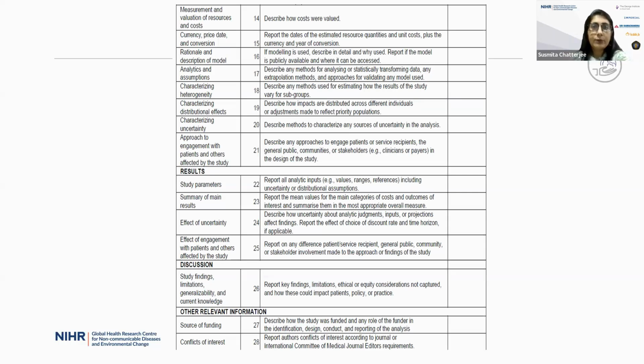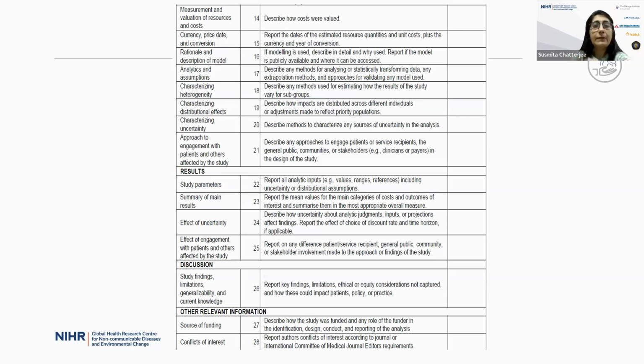Do another analysis, which is called the sensitivity analysis. You can do one way, or univariate, or multivariate, but that's a different story. What I'm trying to say is, based on your inputs, which can influence the results, you can vary those inputs and see how the results are changing. And that's your uncertainty analysis.